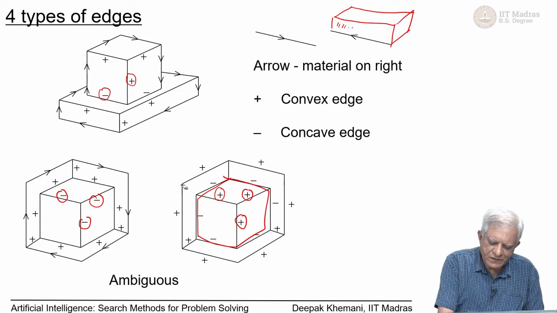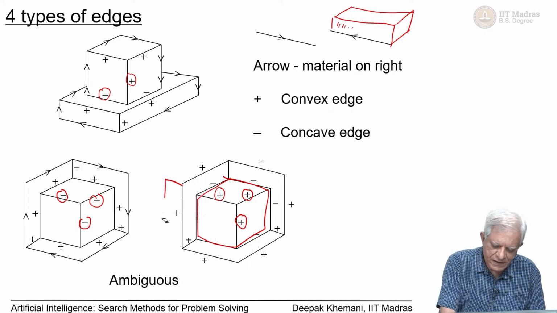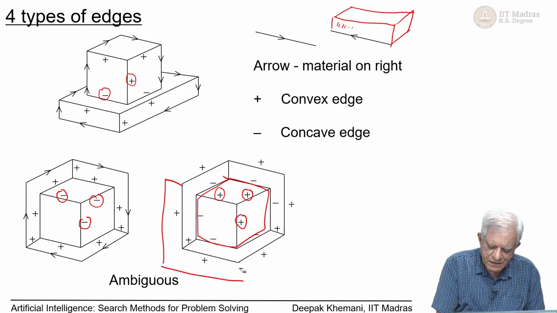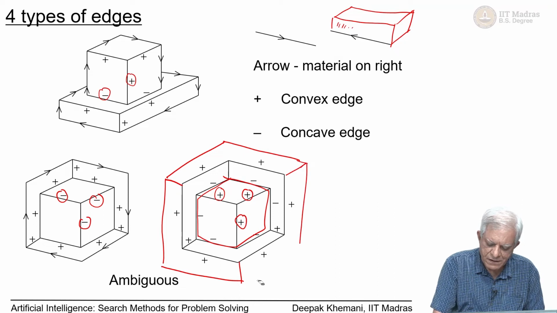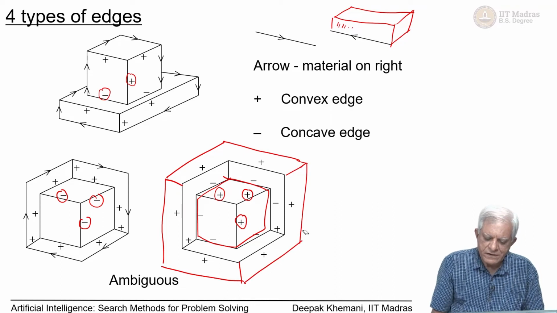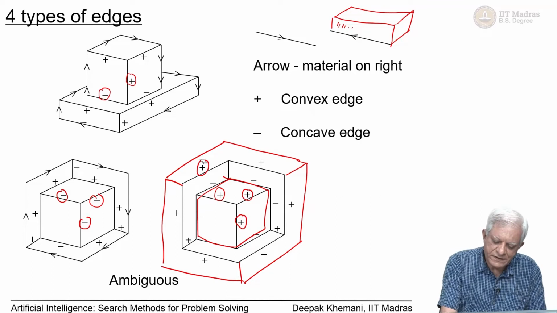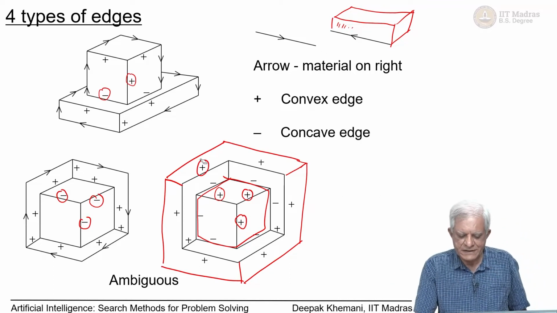This could have been a part of a larger figure which would look like this, if you can imagine it. Which would explain why these edges are positive, for example, essentially.